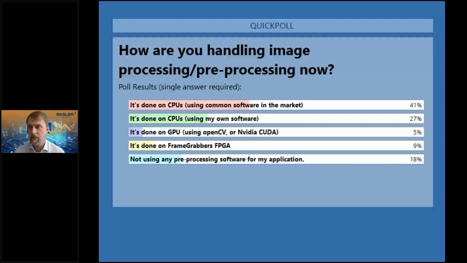Third, by not using any pre-processing software for my application. Number four is done on frame-level FPGA. And lastly, it's done on GPU, such as using NVIDIA graphic cards. Okay, so over to you, Björn.